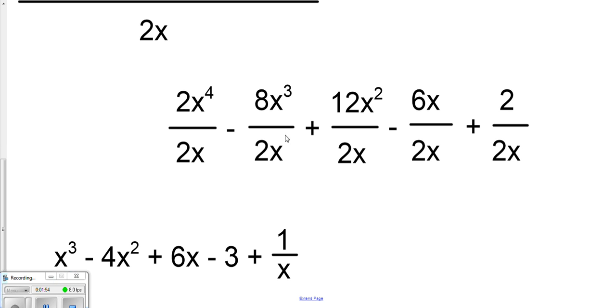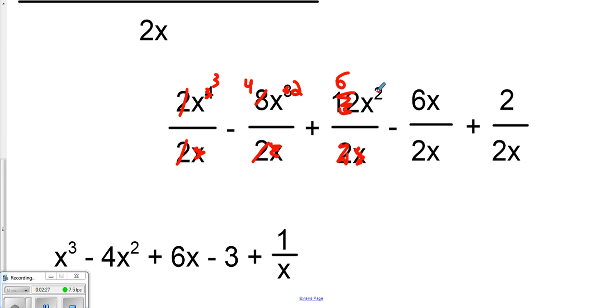So now that I have each one over that denominator, now I just match things up and cancel. These 2's will cancel. This x cancels with one of these and leaves x cubed. 8 and 2 will cancel, leaving a 4. This x cancels with one of these, leaving x squared. 2 and 12 make a 6.